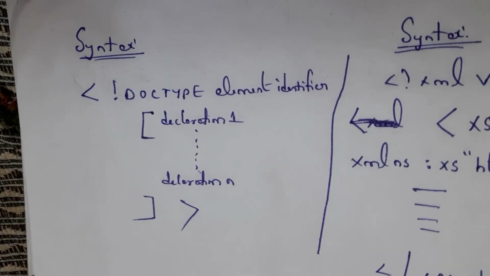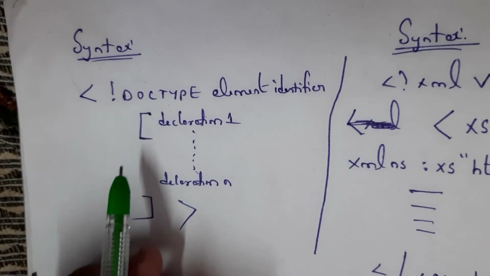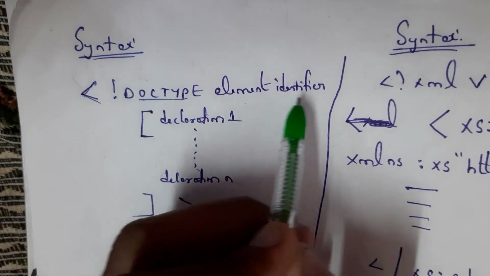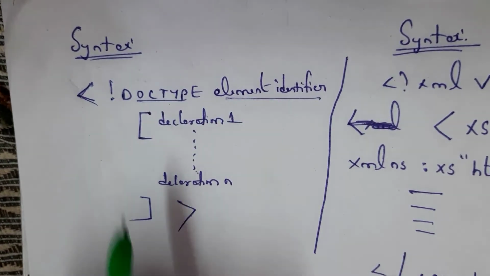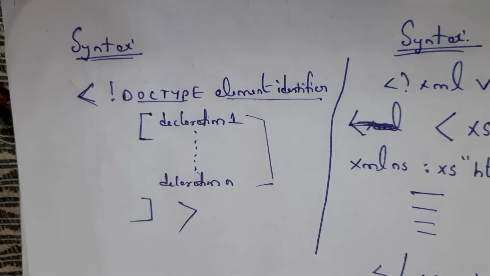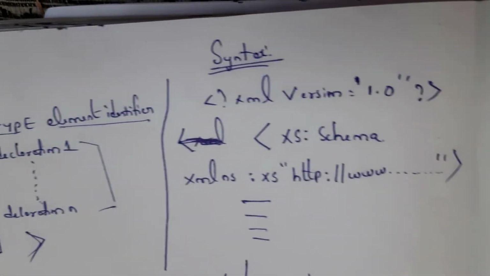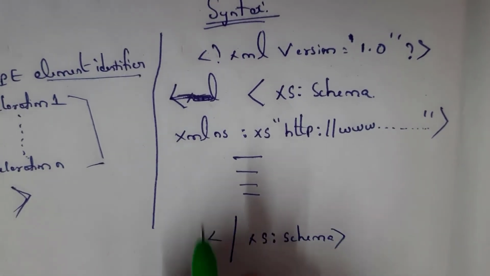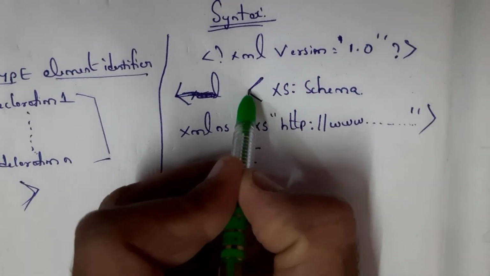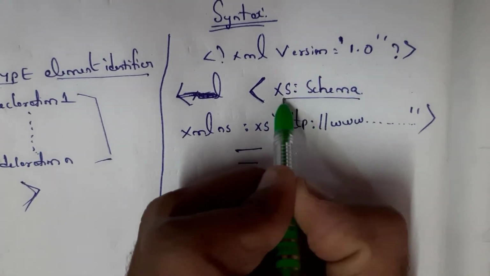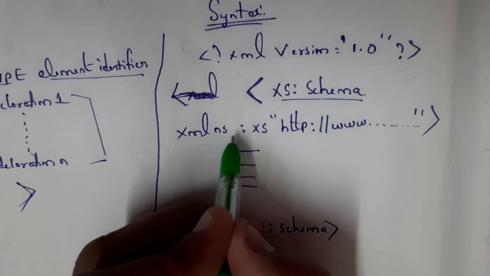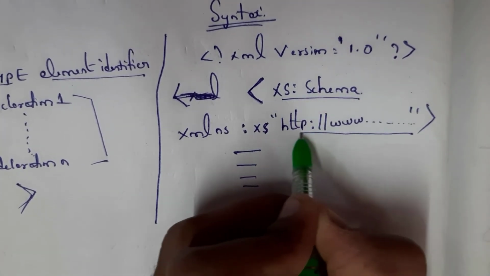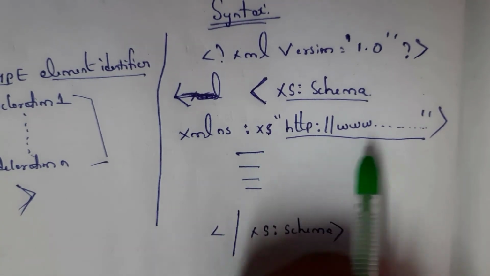See, this is the syntax of Document Type Definition: the document type element identifier, and the content declaration inside this. See the syntax of XSD. <xs:schema xmlns:xs=...>, you have to paste the link here.